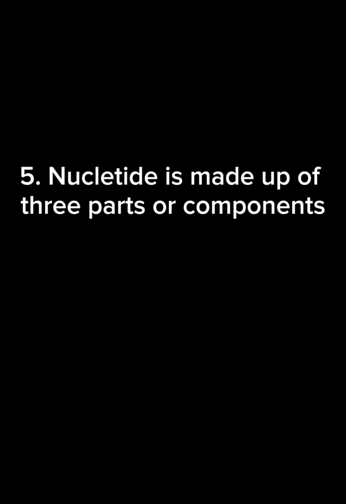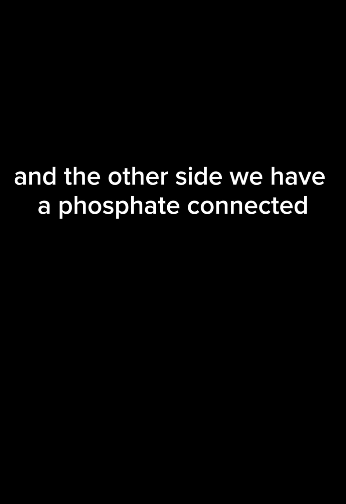A nucleotide is made up of 3 parts or components connected to a sugar, whereby this sugar is a pentose sugar, and on one side we have a base and on the other side we have a phosphate connected.